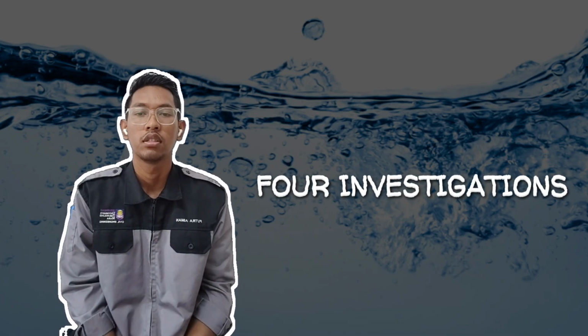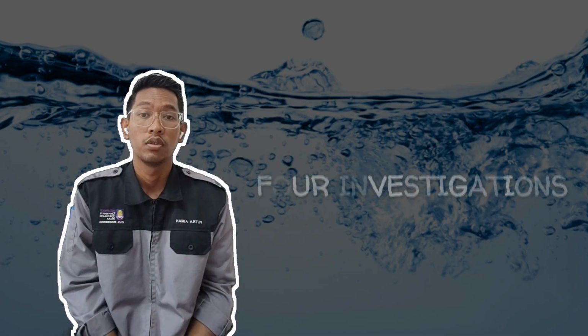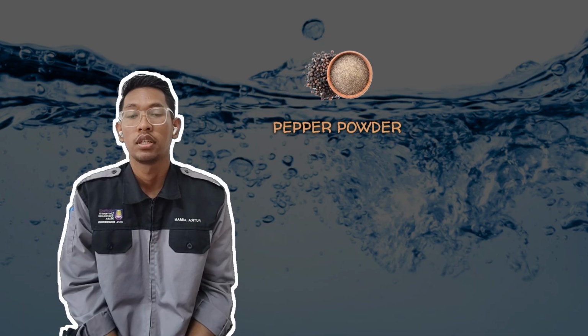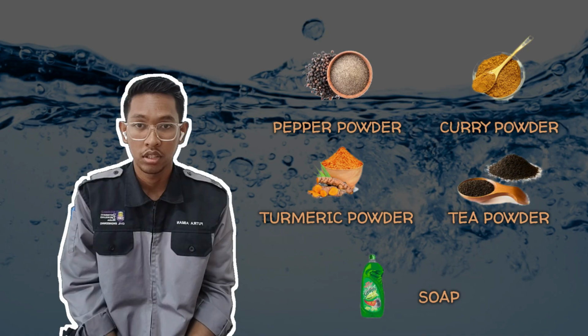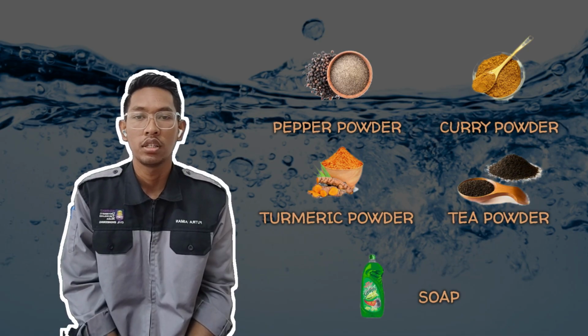Now we are going to do four investigations. The ingredients that we use for this investigation are pepper powder, curry powder, turmeric powder, tea powder, and lastly soap. We colored this water blue for better visibility, but that is completely optional.